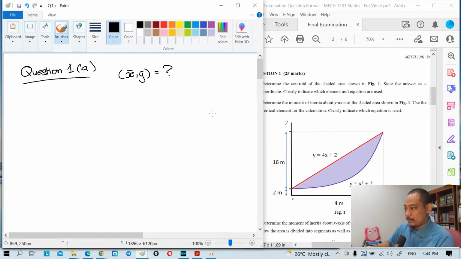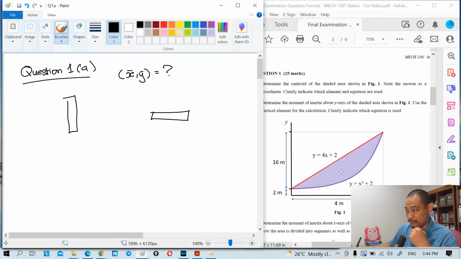Anyway, we'll do integration, but again, for integration you have 2 choices, right? One is using a vertical element, one is using a horizontal element. Now for this type of area, either way you have to have that minus, right?